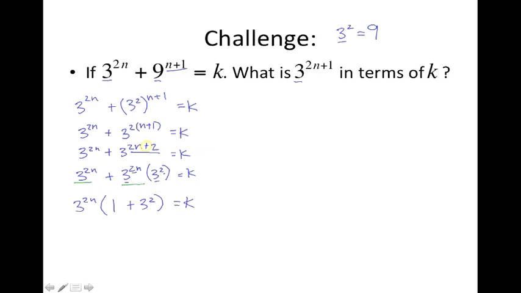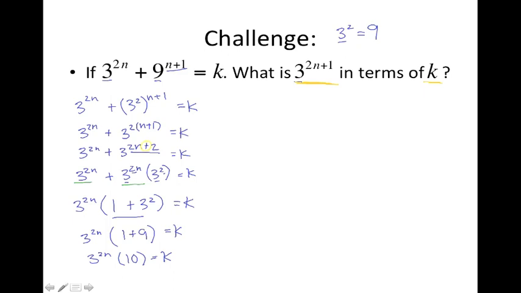So now, I want to simplify what's in the parentheses. So I have 3 to the 2n times 1 plus 9 is equal to k. So 3 to the 2n times 10 is equal to k. So now what do we do? Well, remember that my final goal is to find 3 to the 2n plus 1 in terms of k.